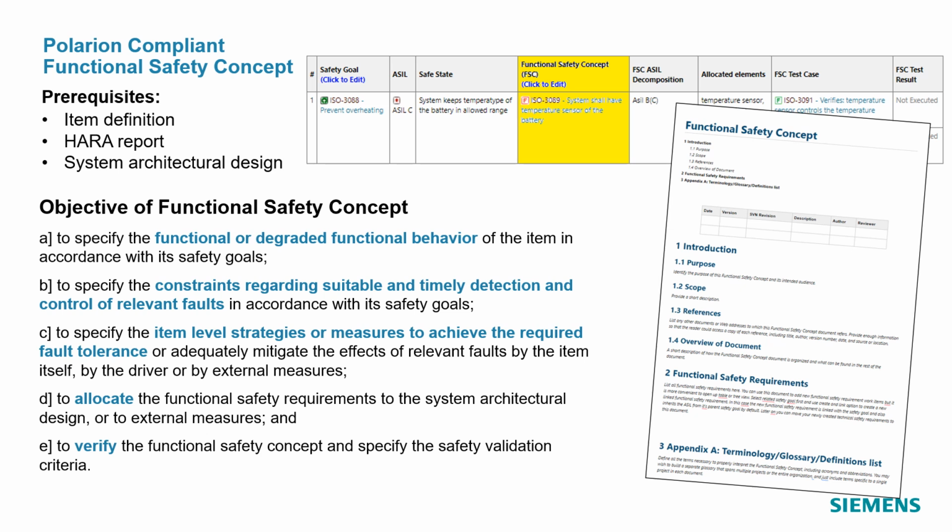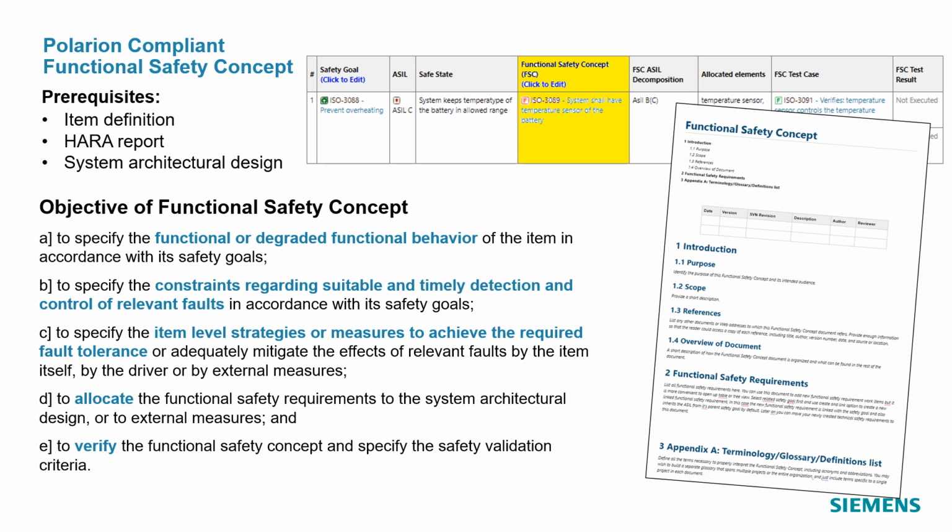Here we see how Polarion meets our functional safety concept. We first start with our requirements documentation, our template, which outlines everything you will need to be compliant. The objective of this is to specify the functionality or the degraded functionality of the behavior of the item that's related to the safety goals.